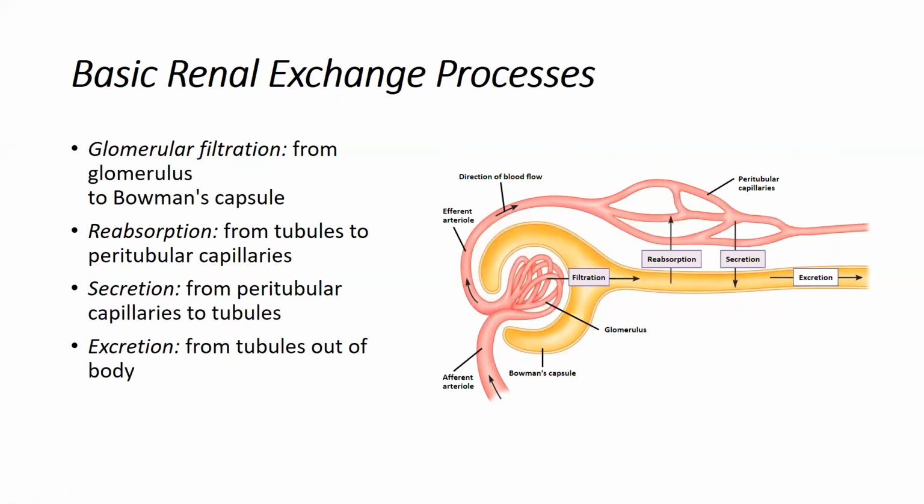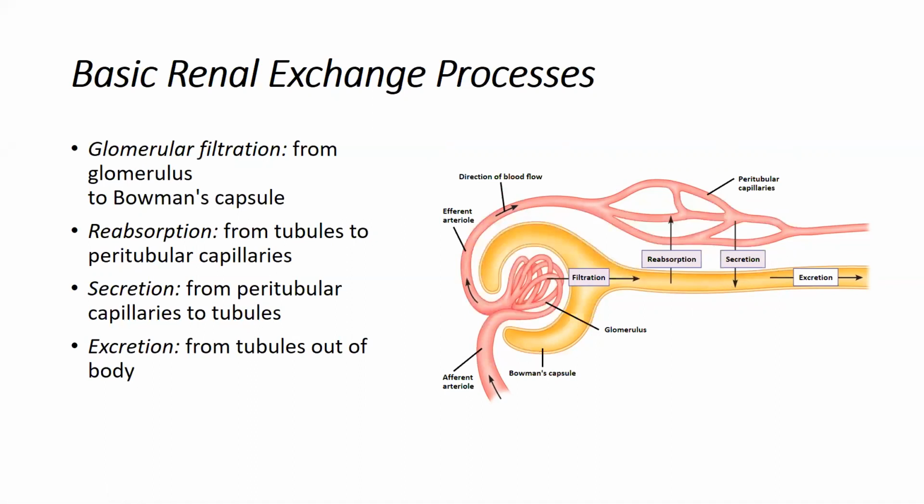I'm going to take those things that I accidentally filtered out that I actually really think I need, like proteins, like glucose, like some sodium, like some chloride, lots of water, right? Things I don't think I want to lose, but they happen to have been filtered out. I'm going to grab those back from the proximal convoluted tubule into the peritubular capillaries.